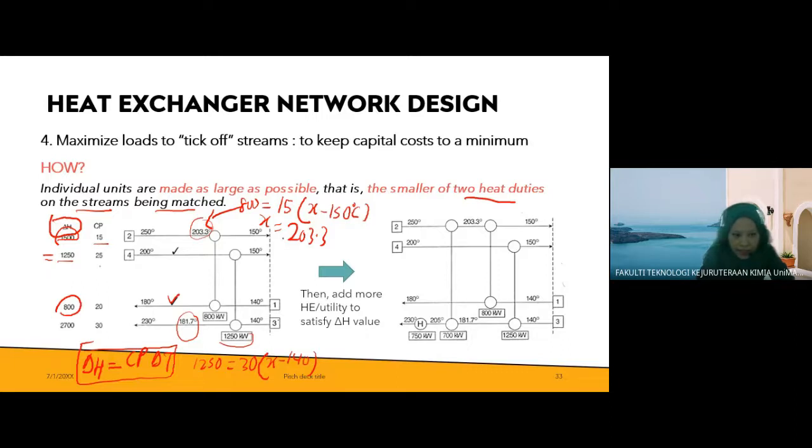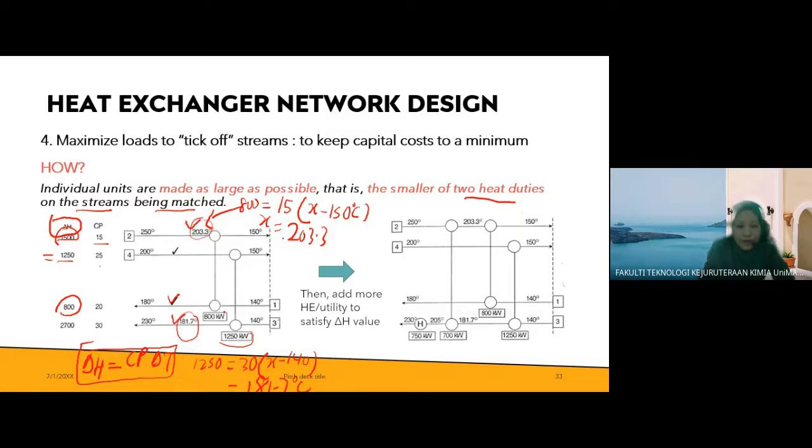So 1250 divided by 30, okay, plus 140. Right. So you get 181.7 degrees C. So you get this temperature here.